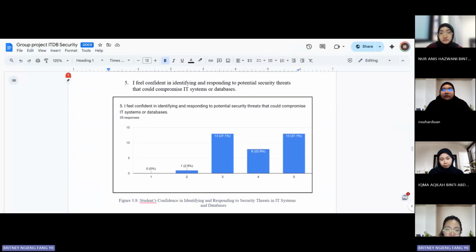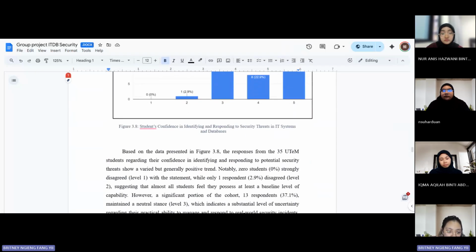So next, we asked them, do you feel confident in identifying and responding to potential security threats? The result shows that confidence in identifying and responding to potential security threats is variable but generally positive.